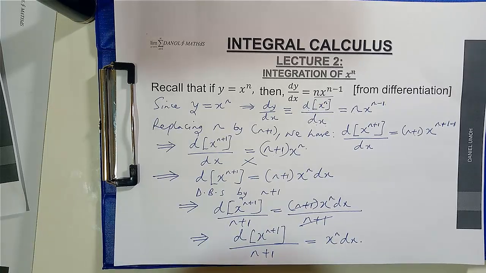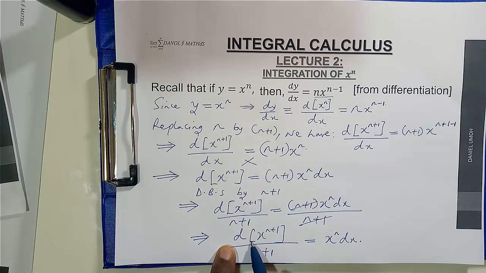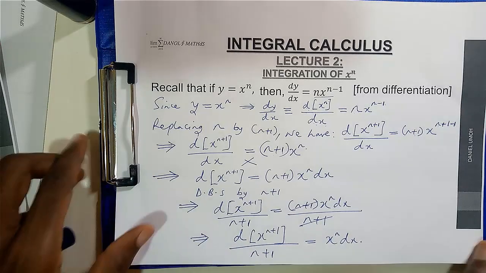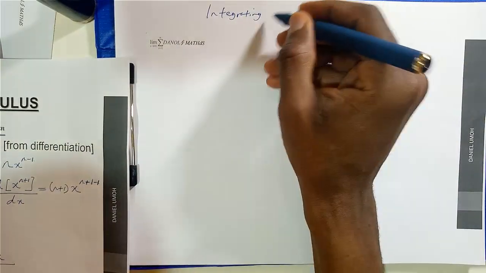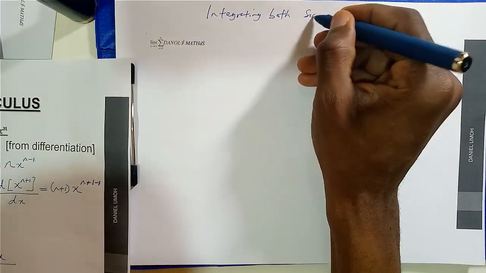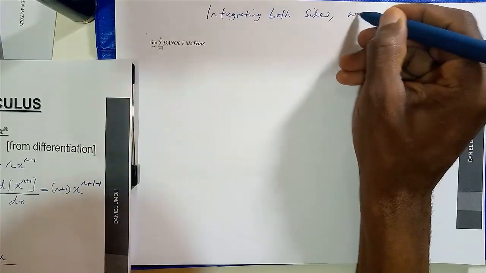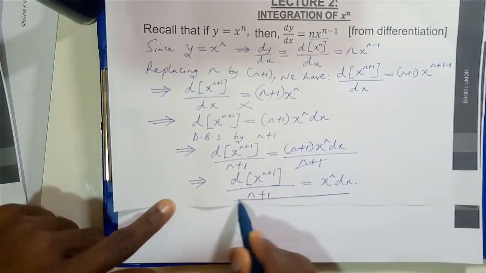Now, since the integral is the reverse of differentiation, if I want to remove this differential sign, I will say integrate both sides. So integrating both sides, remember, what am I integrating? I'm integrating both sides of this function.